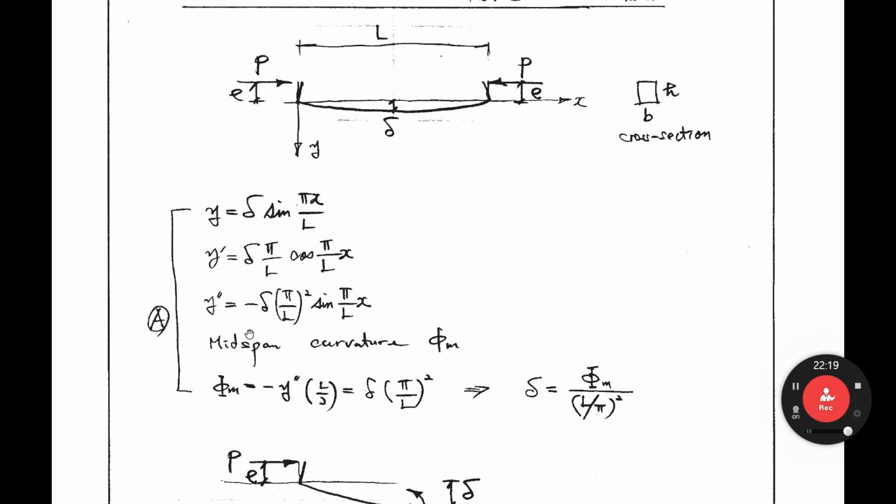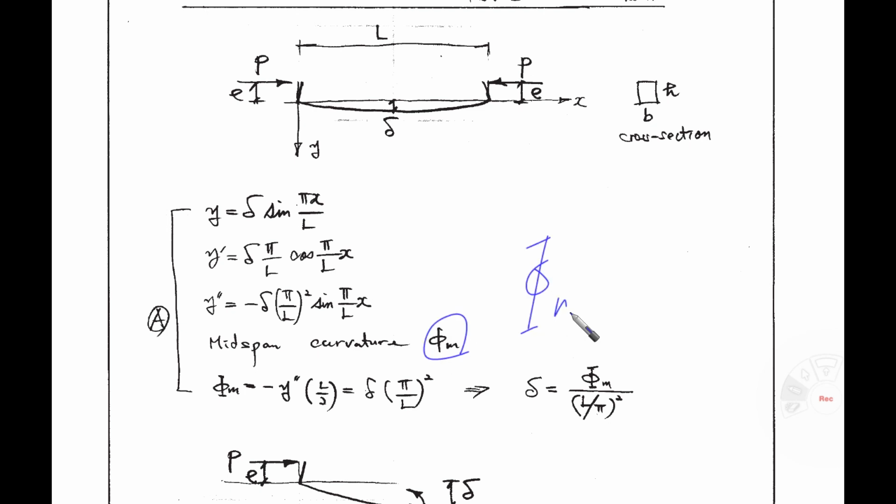Then let's look at the midspan curvature, phi m. This is in fact this phi, equal to large phi m, like that. You have to modify like that. Large phi m, m means midspan. Let's consider curvature at midspan. That means this curvature is minus y double prime, with x equal to L over 2 here.